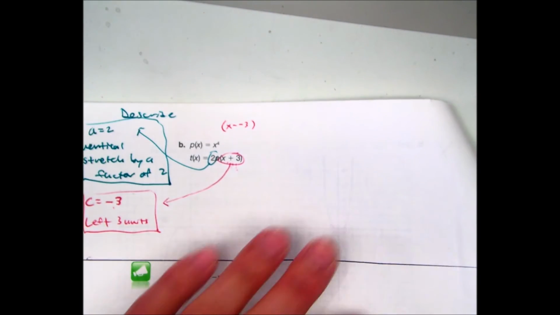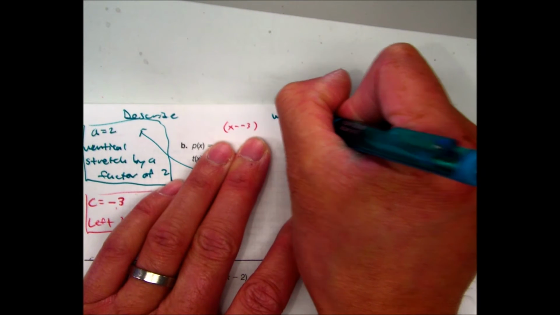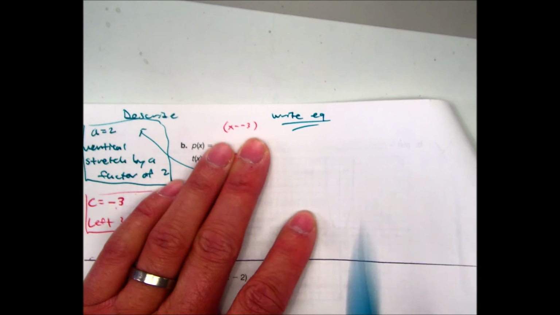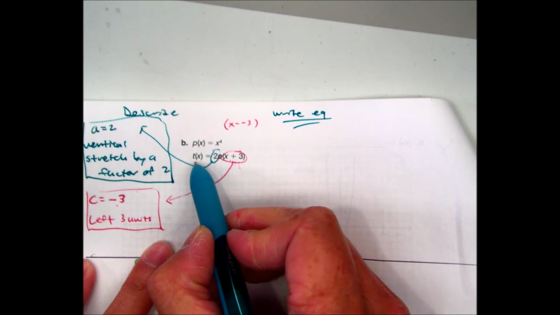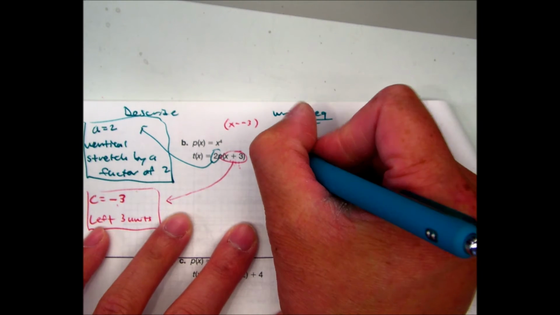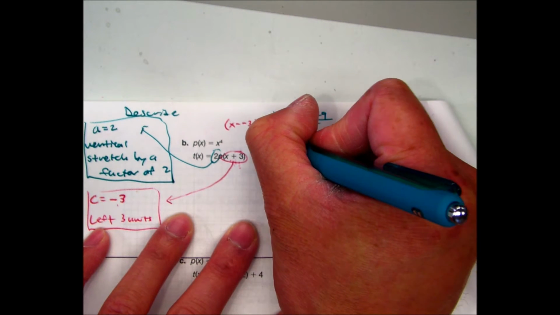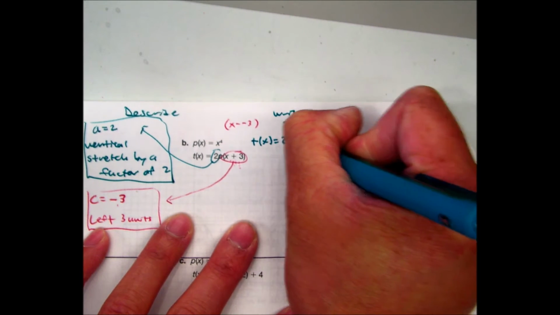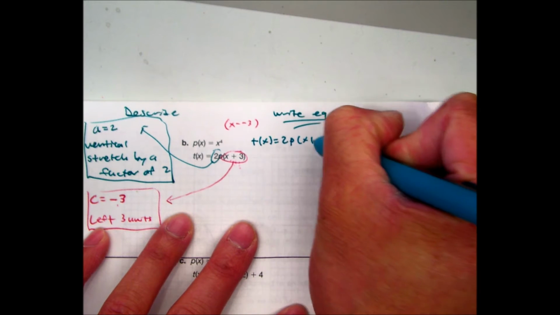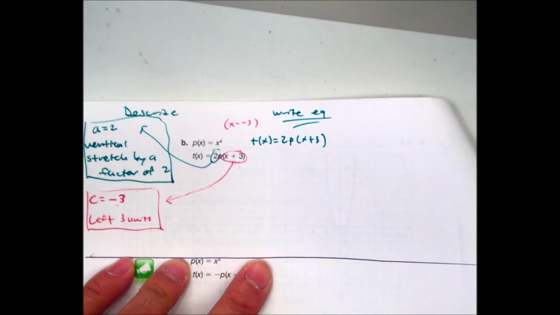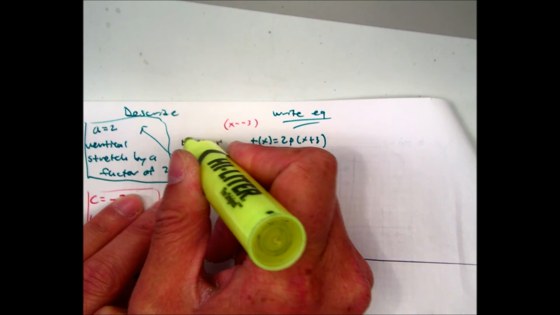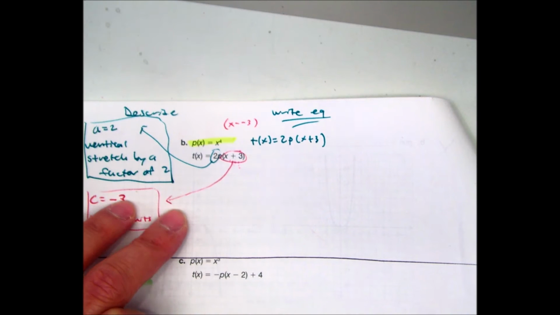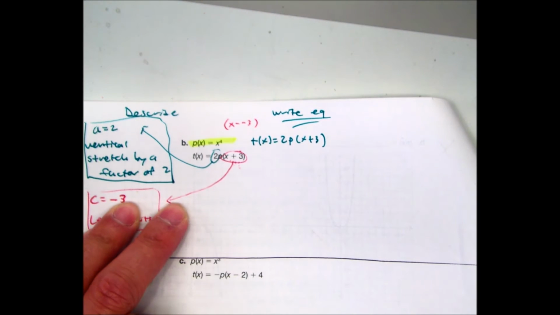Now we're going to write an equation. To write the equation, I'm going to write t of x first. So t of x equals 2 times p of x plus 3. Now, the parent function is x to the 4th. It's a quartic function. It just basically means to the 4th power.